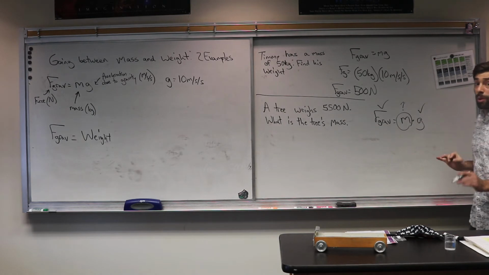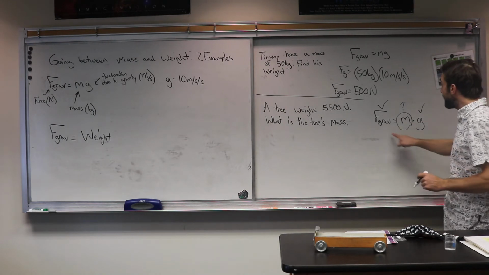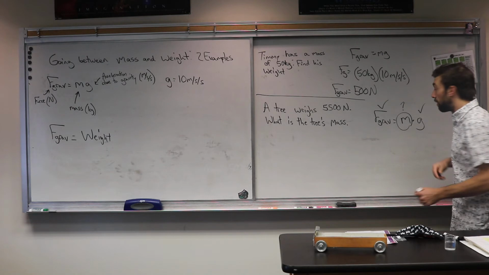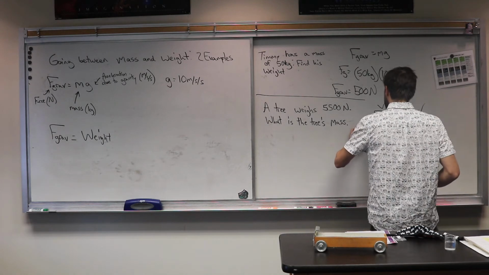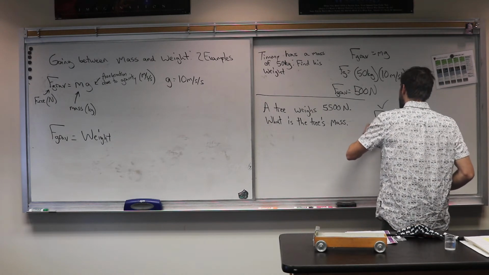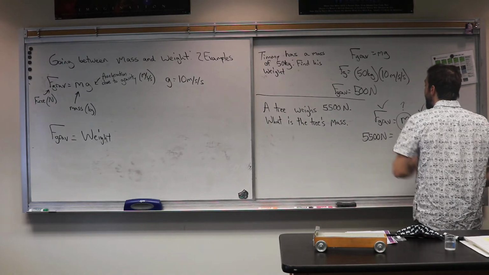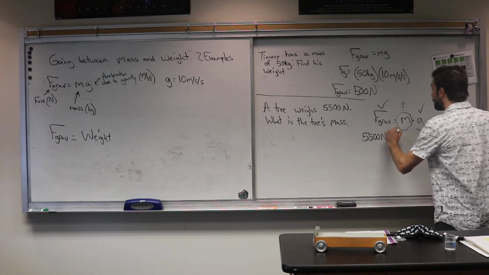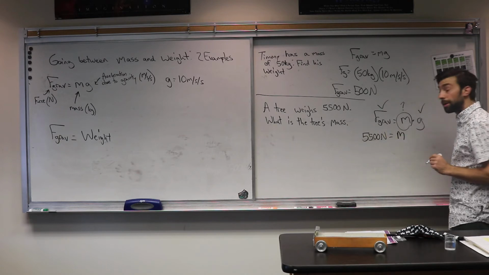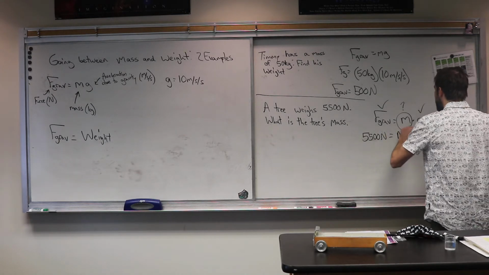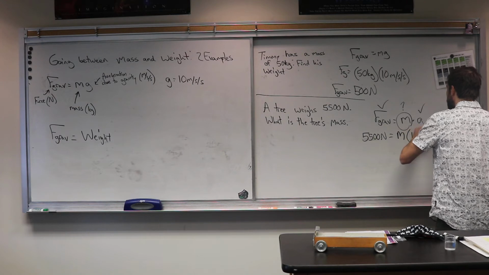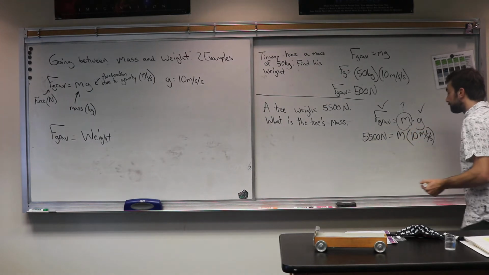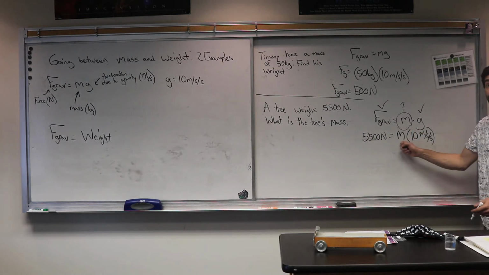So the next thing I want to do in these problems is fill in the numbers that I know. So, force gravity is 5,500 newtons. Mass is question mark, so if we don't know a variable, we just write the variable, times g. G is 10 meters per second squared. Now, solve for mass.